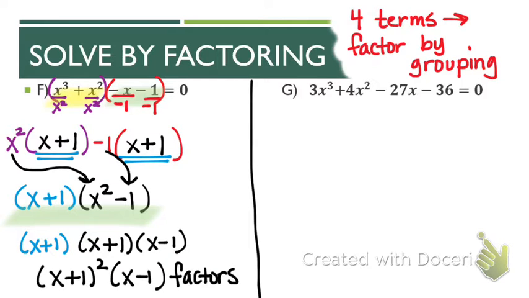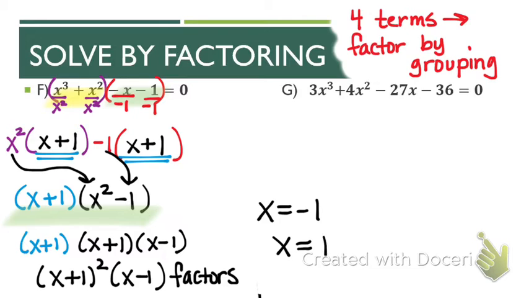To find your solutions, if I set the x plus 1 equal to 0, then x equals negative 1 is one of my solutions. And my second solution is x equals positive 1. We will pick up on that last one tomorrow.